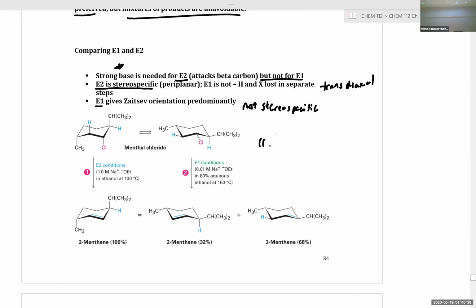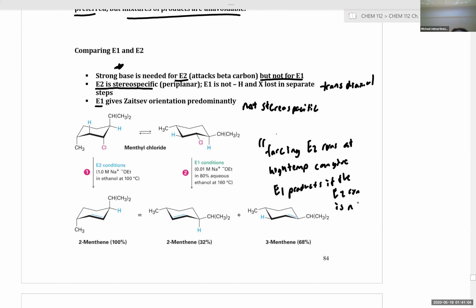So, quote unquote, trying to force E2 reactions at high temperatures can give E1 products if the E2 reaction is not geometrically allowed.